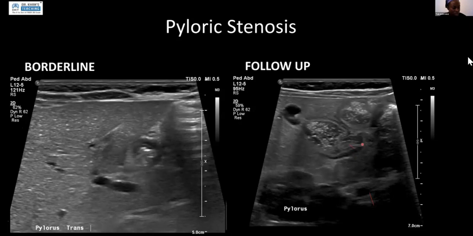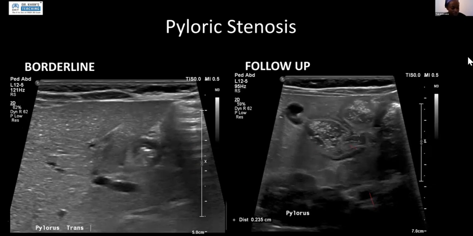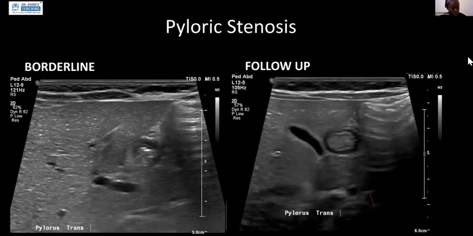And what we were seeing on the initial ultrasound was just due to pylorospasm, and I saw it open on the follow-up ultrasound. So here we can see it looks more normal than it did before. So you can compare the trans to the trans views.